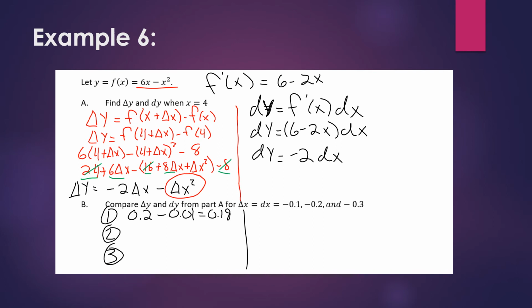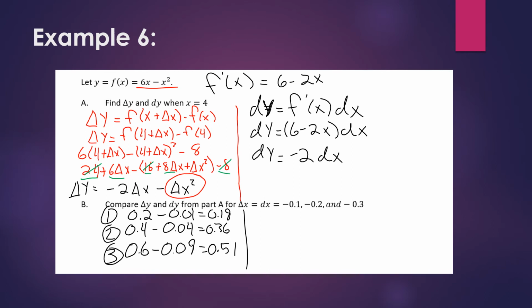If I plug in negative 0.2, well, negative 0.2 times negative 2 is 0.4 minus negative 0.2 squared, which is 0.04, gives me 0.36. And if I plug in negative 0.3, I'm going to get 0.6 minus 0.09, which is 0.51. So I'm actually getting the exact same answers as our last example.